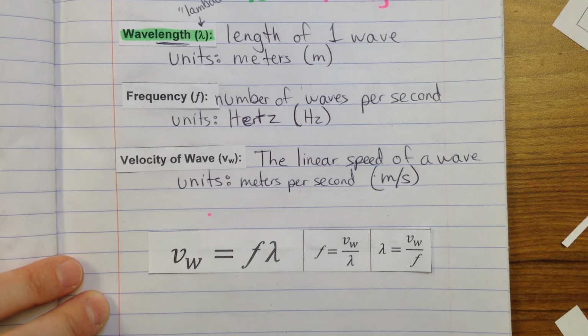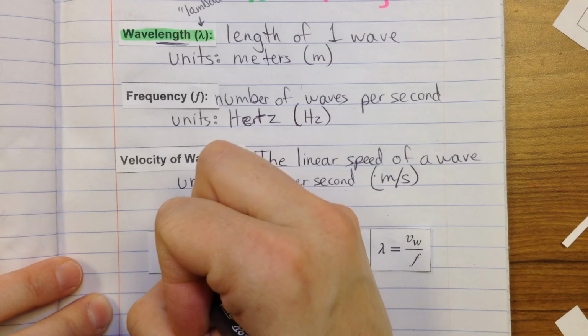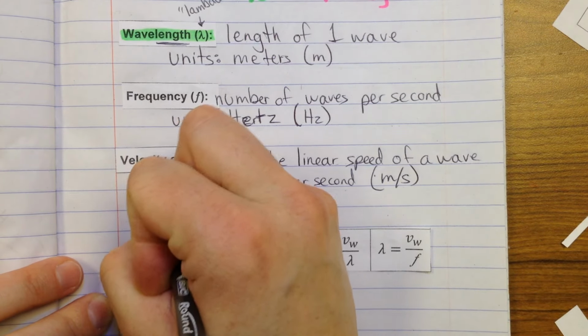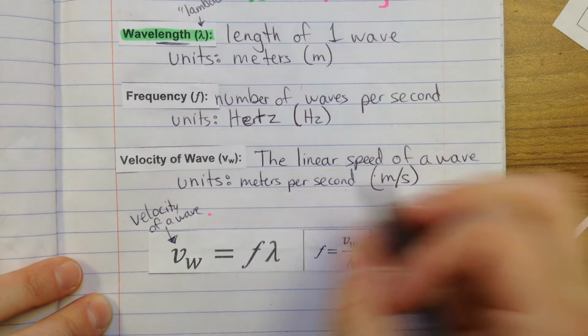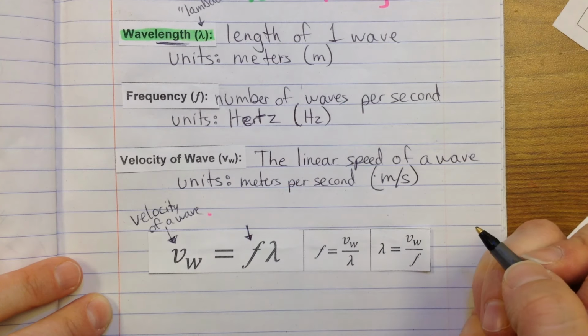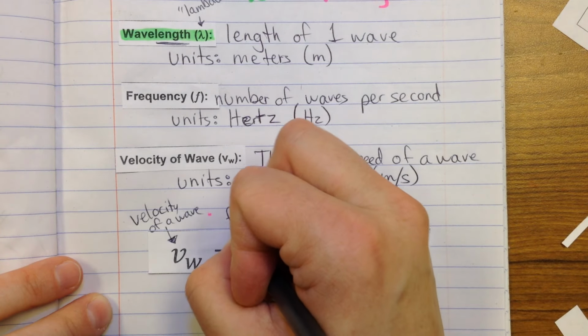All right, so let's take a good look at our formula here. VW, velocity of a wave. What does the lowercase curly f stand for? Frequency.